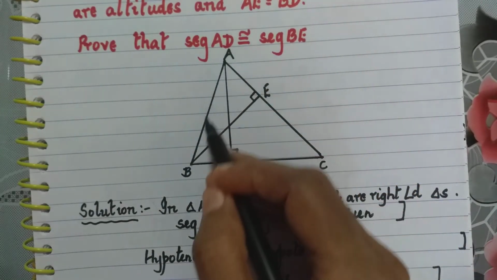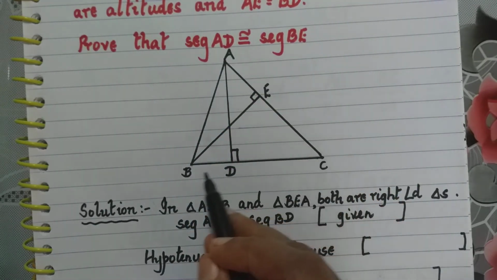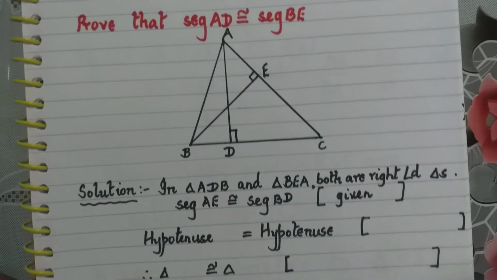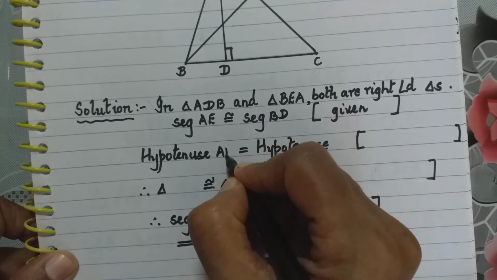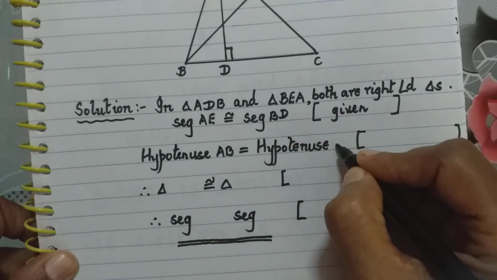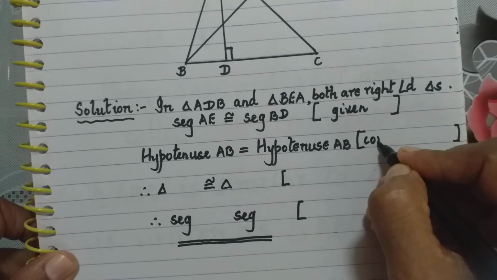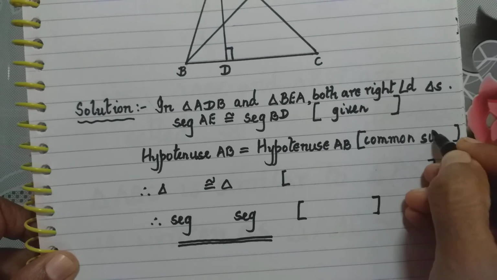Which is the hypotenuse? That is AB. So segment AB is the hypotenuse for this triangle also and for this triangle also. So we write hypotenuse AB is equal to hypotenuse AB. How is it possible? Because it is the common side.